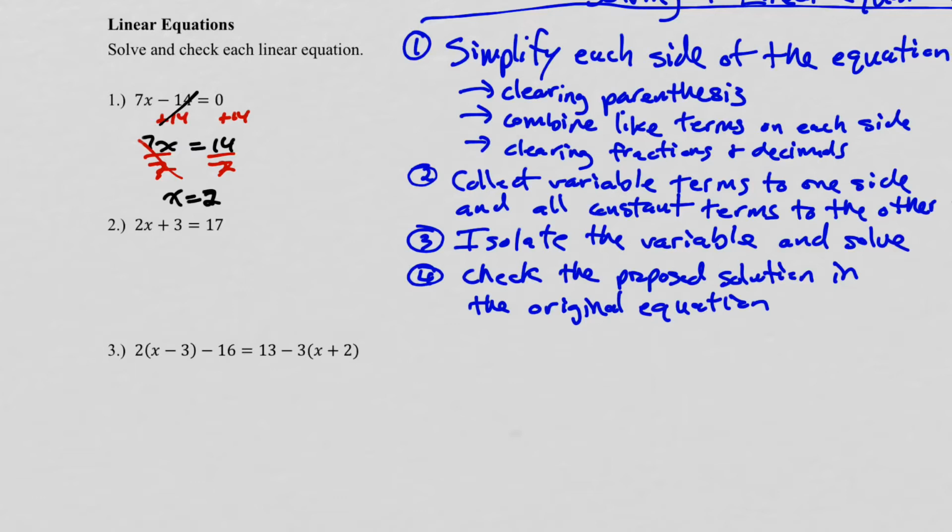All right, so let's go ahead and check this. So you just take your proposed solution 2, put it inside, and we get 14 minus 14, and that equals 0. Okay?